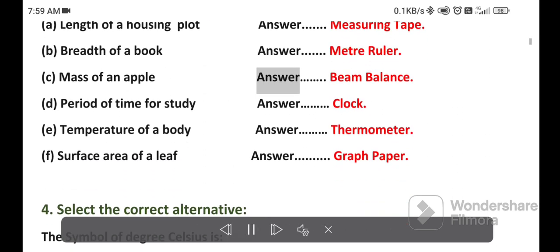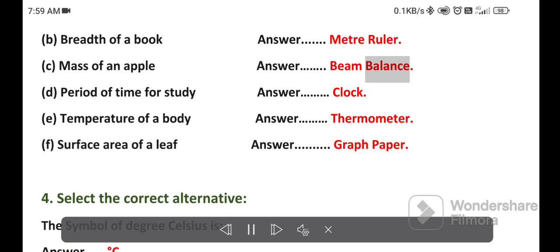D. Period of time for study. Answer. Clock. E. Temperature of a body.